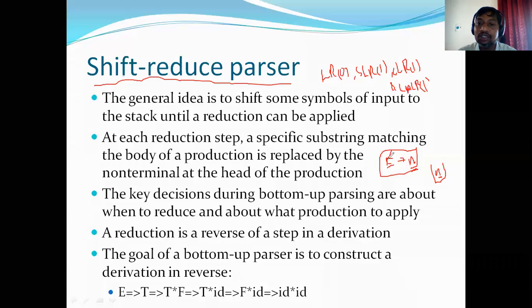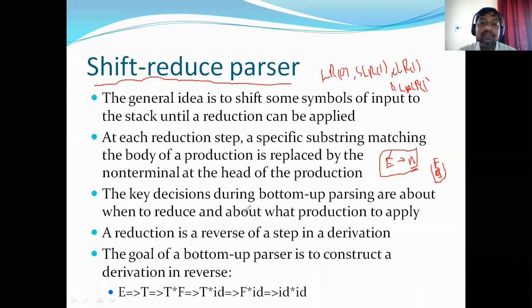What is the left hand side non-terminal here? E. That means we pop off this n and push E on top of the stack. We have reduced n to E, so we have performed the reduction step here.